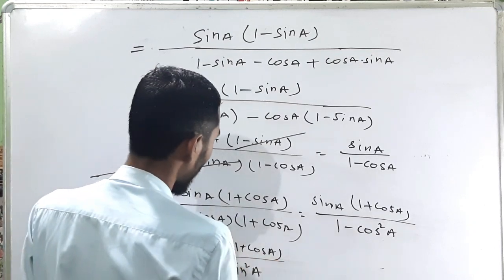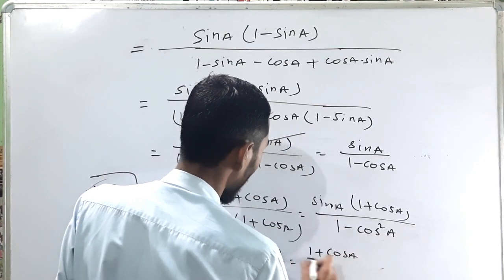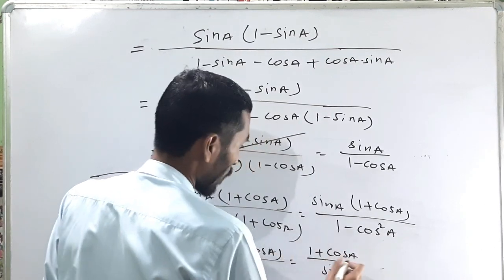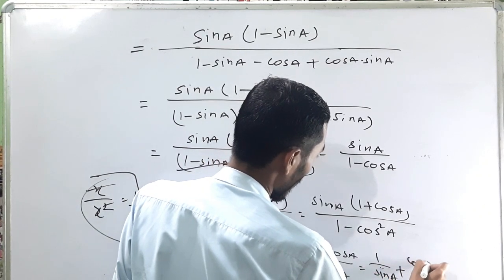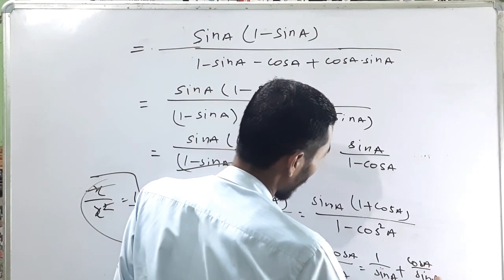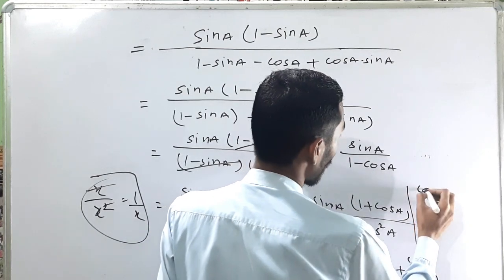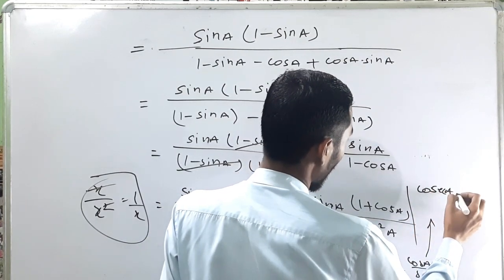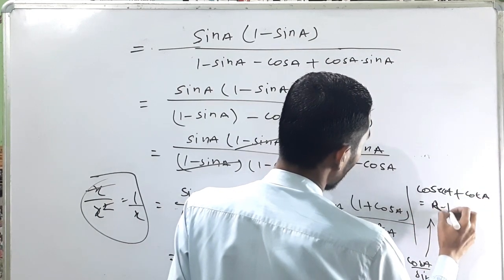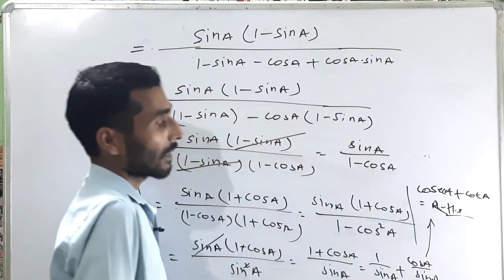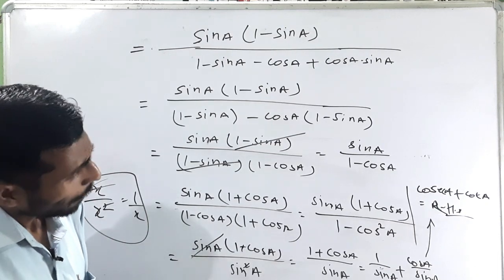In the same way we can also write here 1 plus cos A by sin A, and we divide 1 minus sin A plus cos A by sin A, and we can change it: 1 by sin A equals cosec A plus cot A, cos by sin A equals cot A.